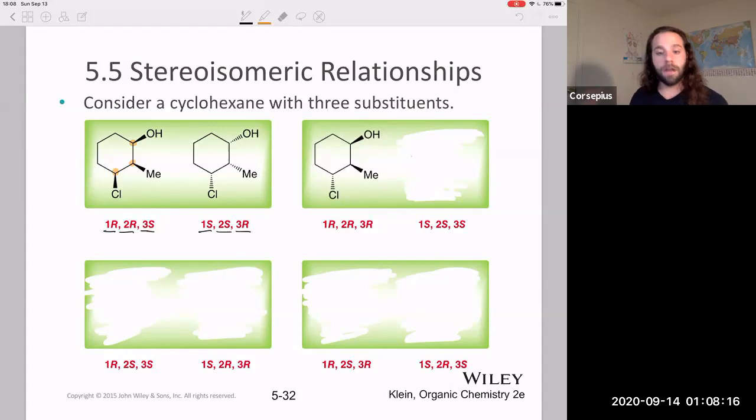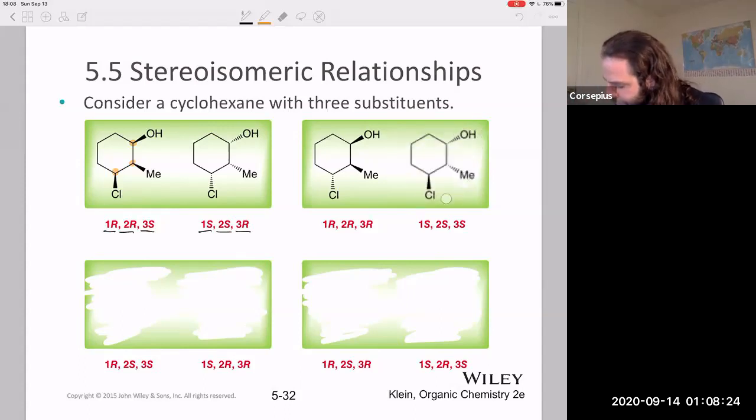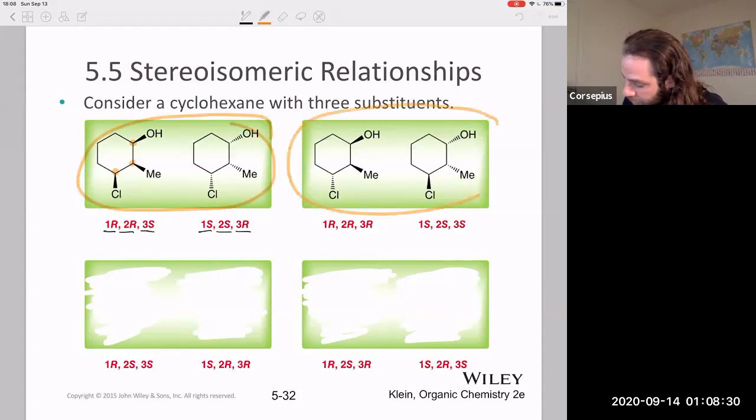This would be yet another stereoisomer of this compound. And then I can draw its mirror image. These are both pairs of enantiomers, but they are not enantiomers of each other. Enantiomers only come in pairs, so they are both pairs of enantiomers.